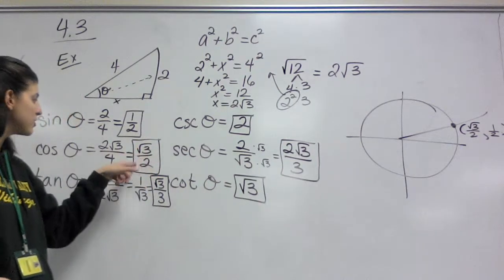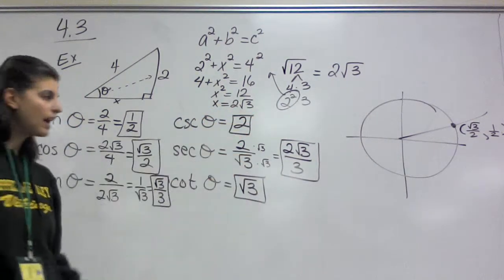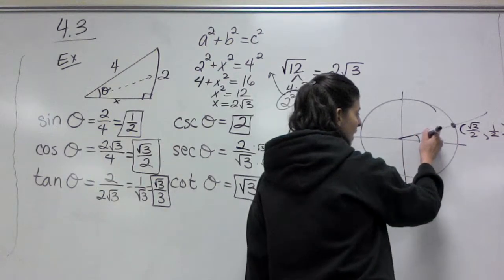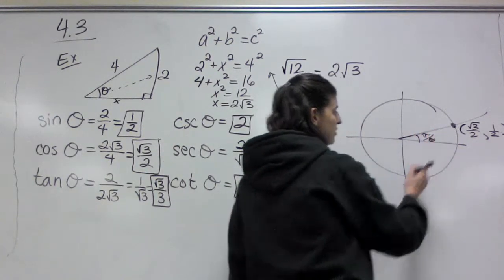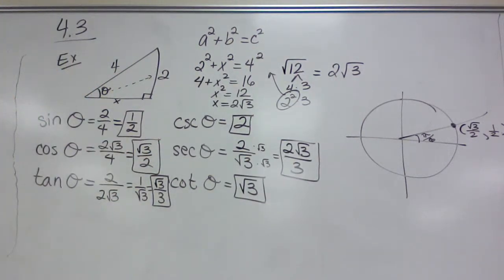Square root of 3 over 2 is my cosine value. Is cosine first in my ordered pair? Yeah. So pi over 6 is my angle that gave me those. So actually, these are the 6 trig functions for pi over 6. We didn't need that to find our trig function values, but it's possible to find what it is because we know the unit circle. Good job.